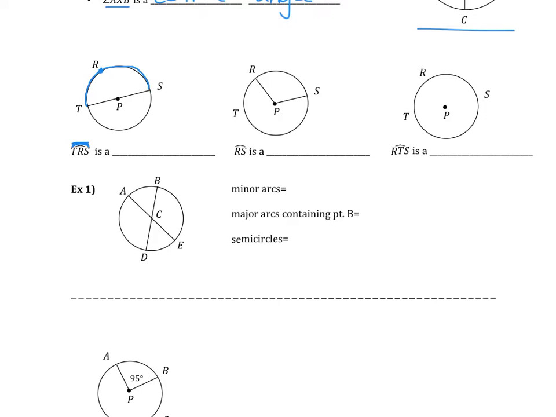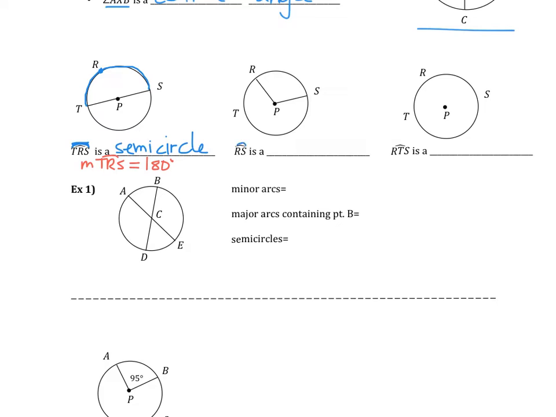TRS is what we would call a semicircle. Okay, and a semicircle is going to be 180 degrees. So we would say the measure of arc TRS is 180, right? It's half a circle. A circle is always 360. This is half of that, so 180.